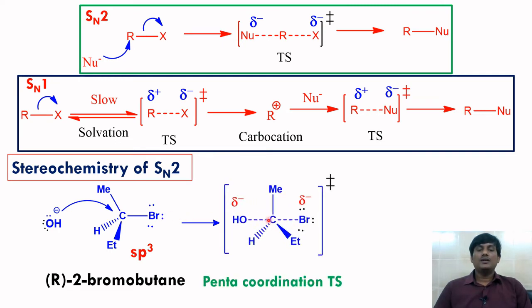In this state, we have 5 groups which are attached to the carbon. The hybridization of carbon changes from sp3 to sp2, and this pentacoordinated transition state decomposes and forms S-2-butanol. When you compare the stereochemistry of the product and the reactant, there is an inversion of configuration.